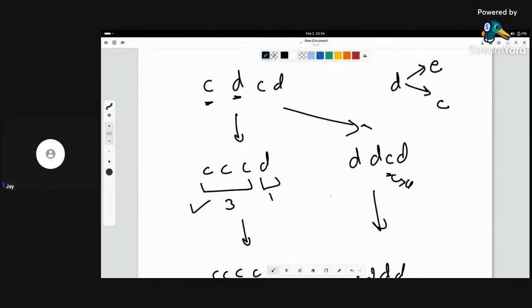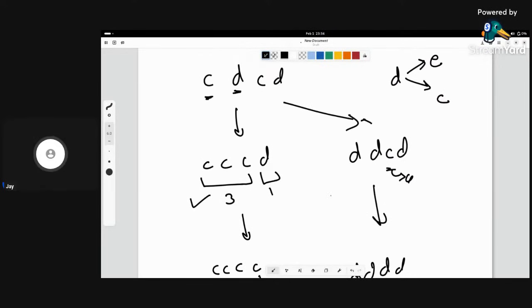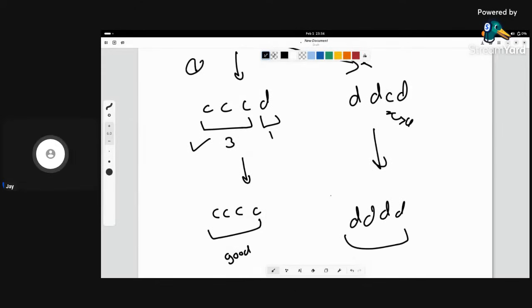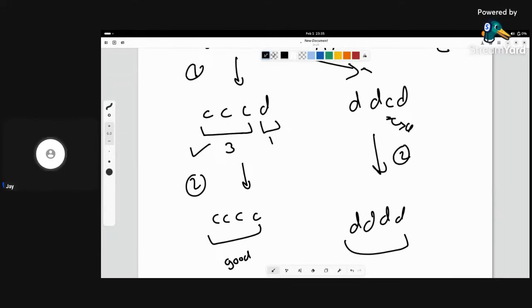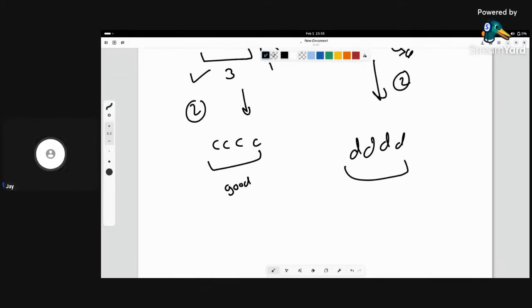So both of these pathways took 2 operations. This was the first operation, and this was the second operation, converting D to C, D to C. Both of these took 2 operations and gave us these 2 strings. According to our question, we had to find the lexicographically minimum one amongst these 2. That would be our answer.